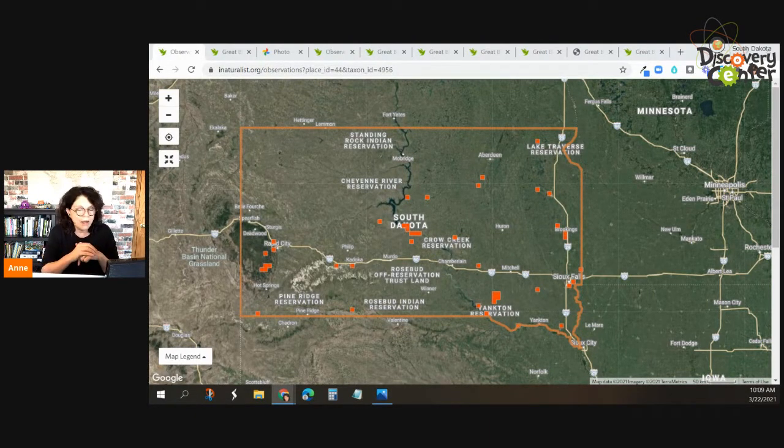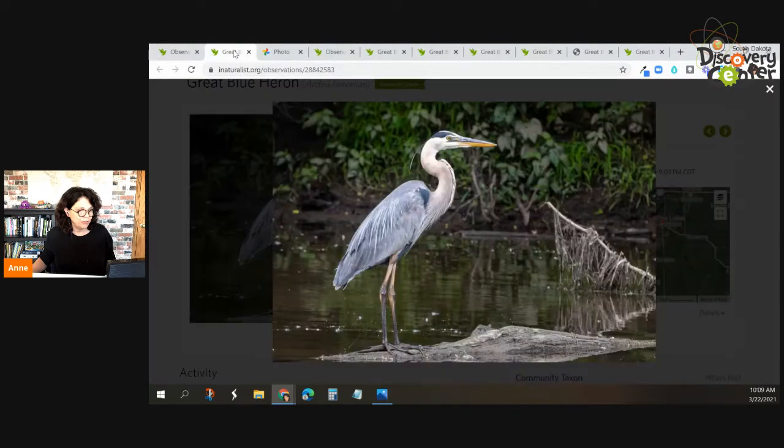What we see on the screen here is a map of South Dakota, and each of these orange squares is an observation that somebody made of our organism that we're going to study. We'll take another look at this in a bit, but let's get on to our organism, and I'm going to show that to you.